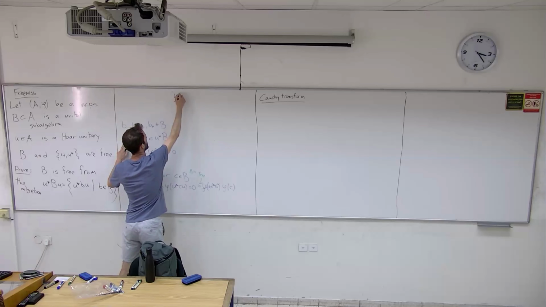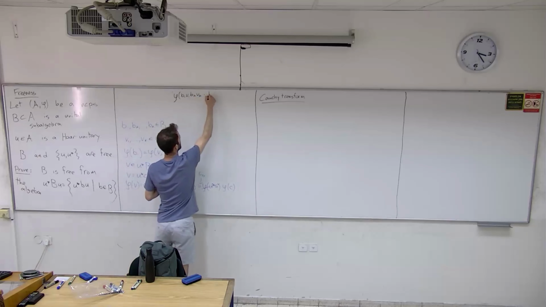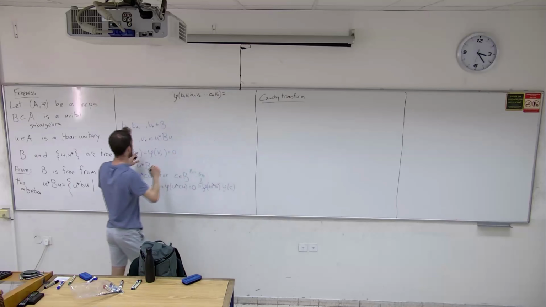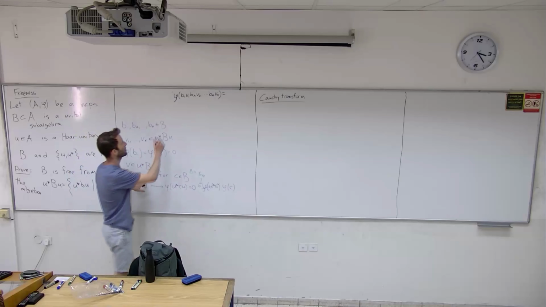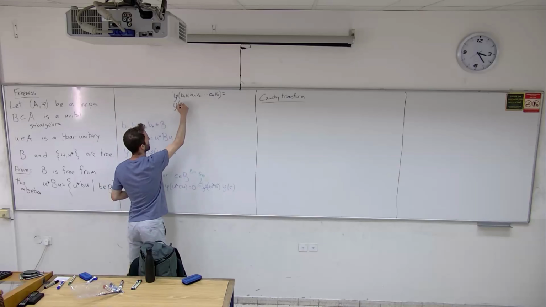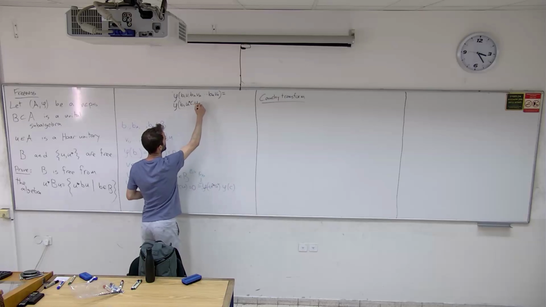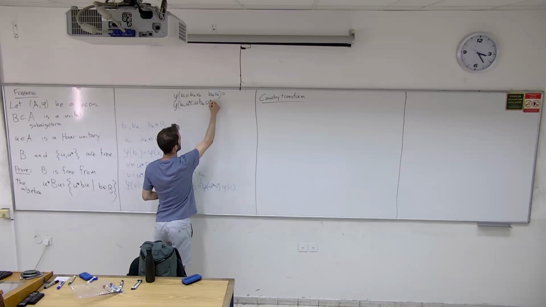If I look at phi of v1, v1, v2, v2, up to vk, vk, this equals, for some values c1 to ck, phi of v1 u star c1 u, then v2, then u star c2 u, right?